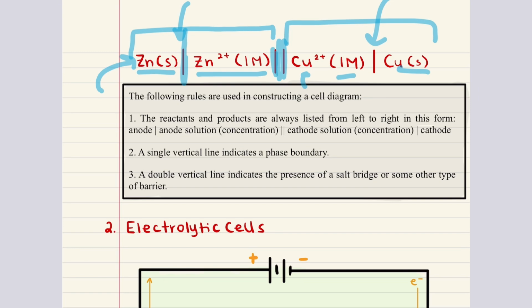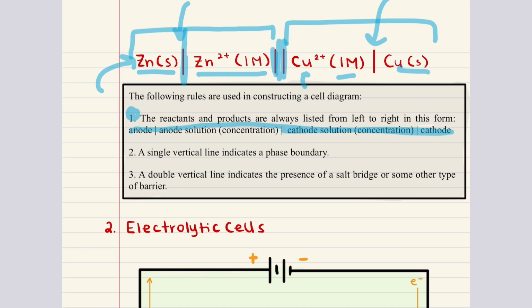The salt bridge allows ions to flow between the solutions, and it helps maintain electrical neutrality without mixing the solutions directly. So in short, the following rules are used in constructing a cell diagram. First, the reactants and products are always listed from left to right in this form right here.